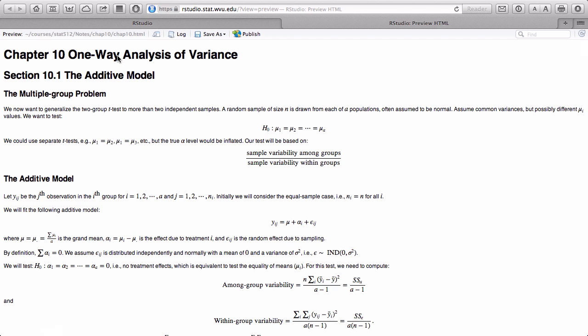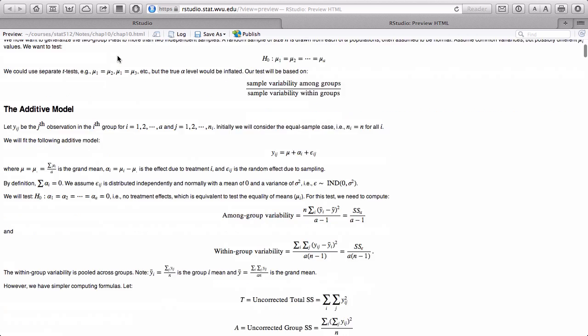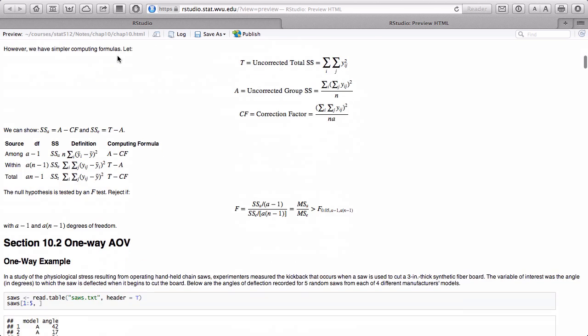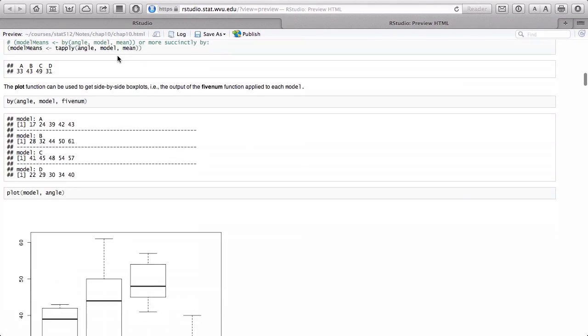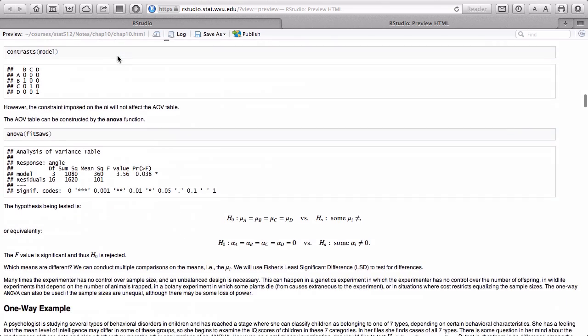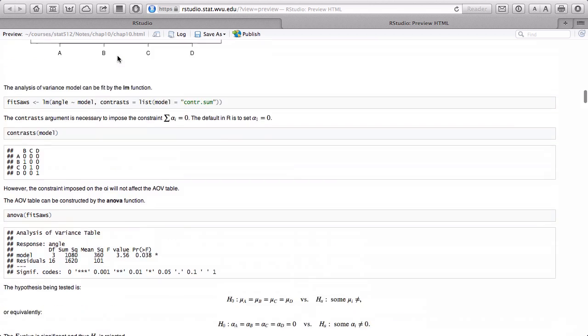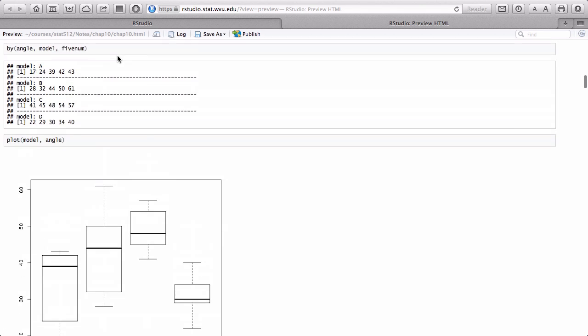I wanted to say just a couple more things about multiple comparisons.